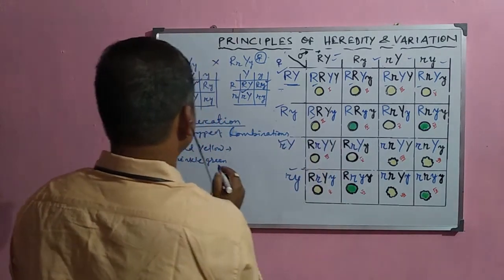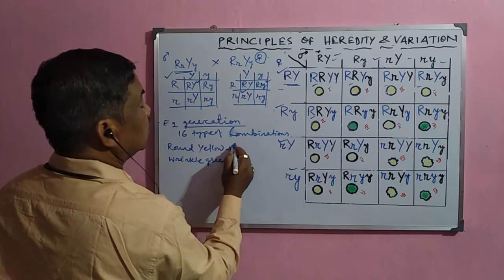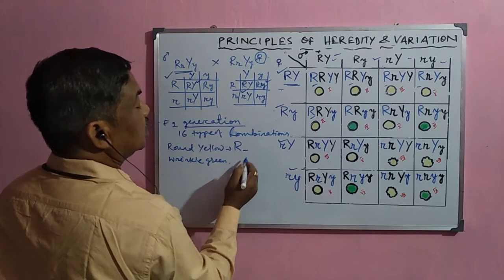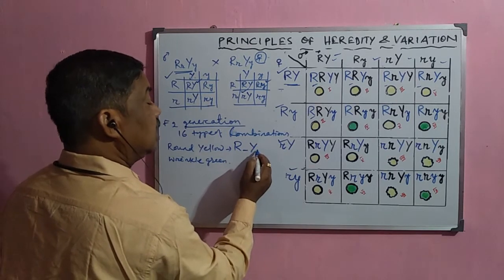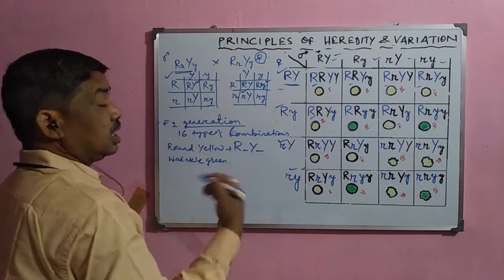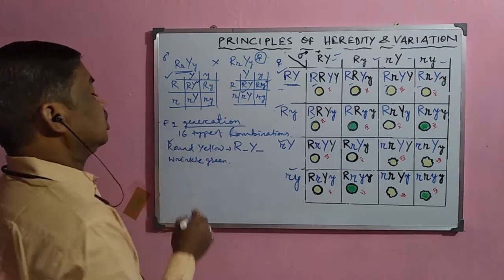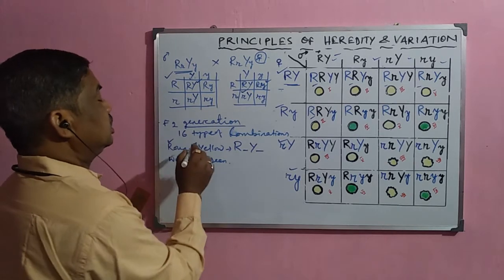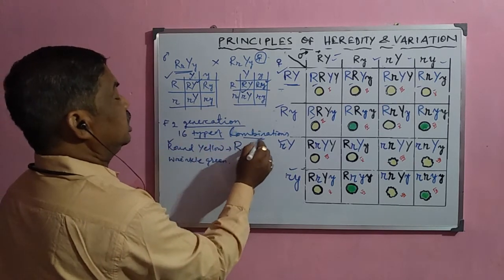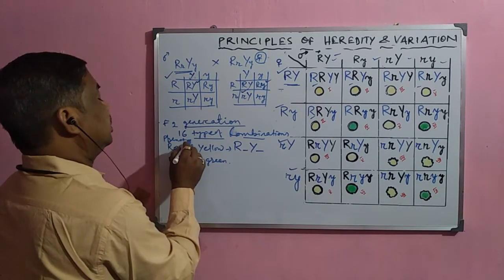In this case what happens? These are round yellow when one allele is dominant and the other either dominant or recessive. Then they become round yellow phenotypes. Now these are the 16 types of combinations, but the phenotypes are different.